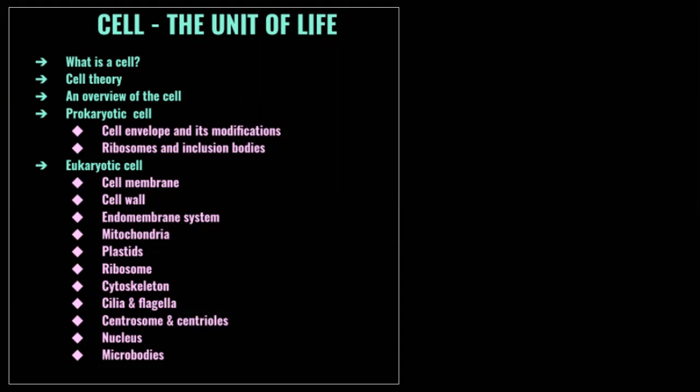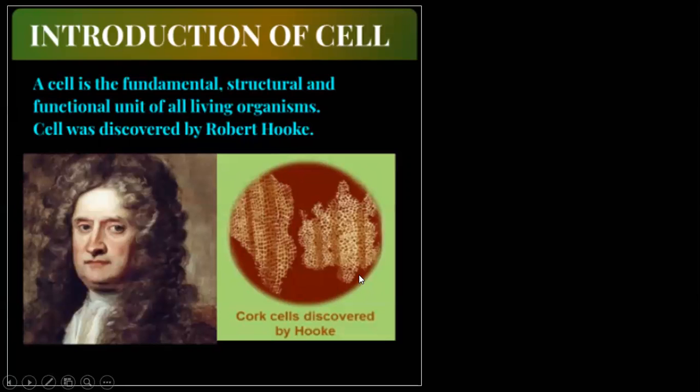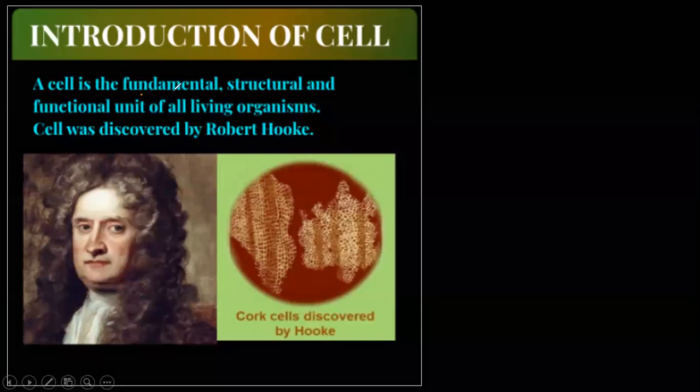Now we're going to start this session. Introduction. So what is a cell? As you all know, a cell is the fundamental structural and functional unit of all living organisms.